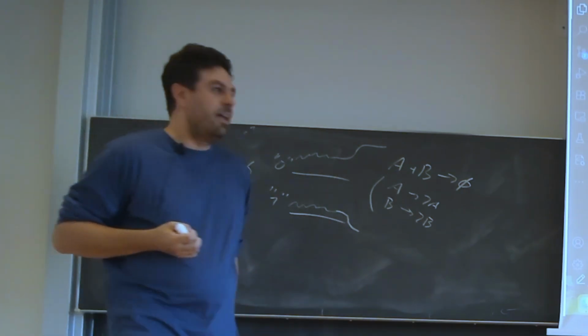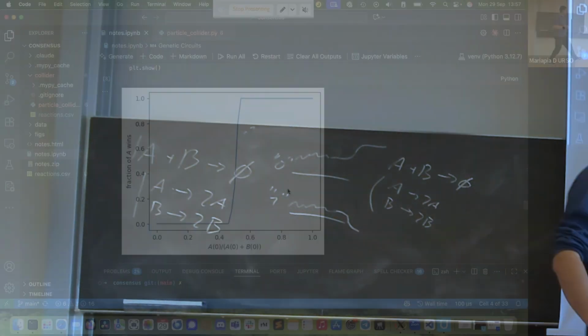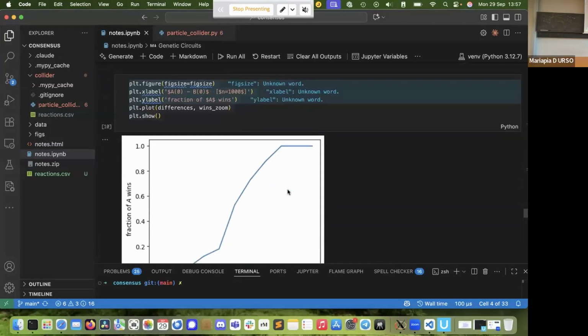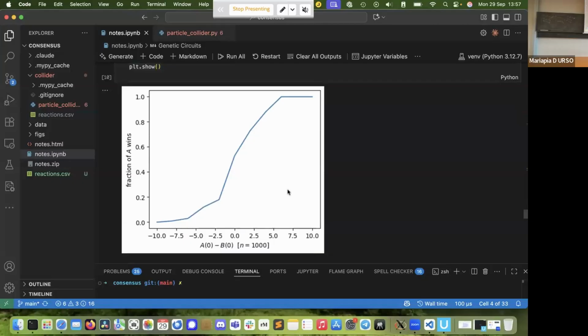So this is purely simulational, and it looks like a steep line here, right? So let's zoom in, since it's so steep. This is just the same code, just doing more repetitions in the middle. And this is now not fractions. This is absolute differences for 1000.